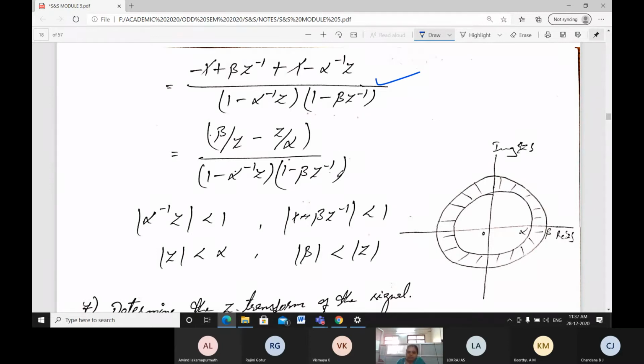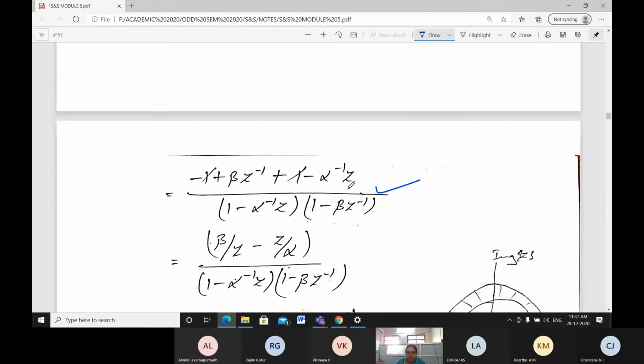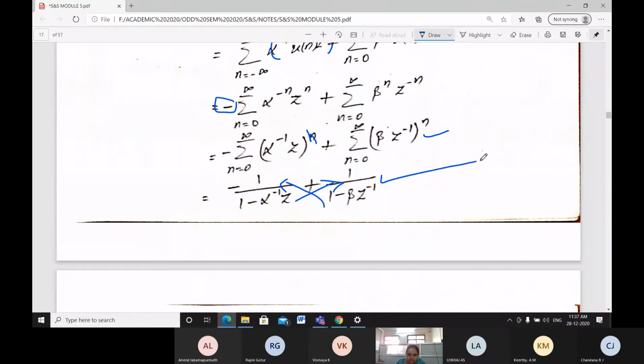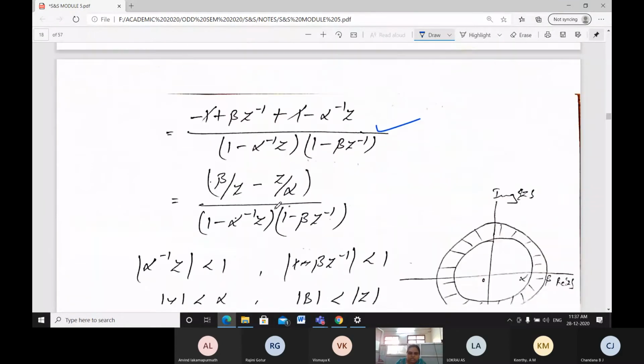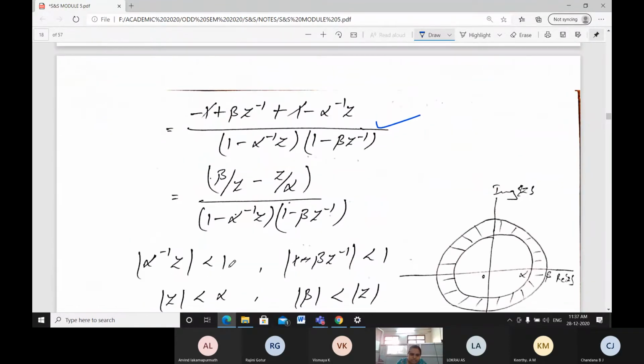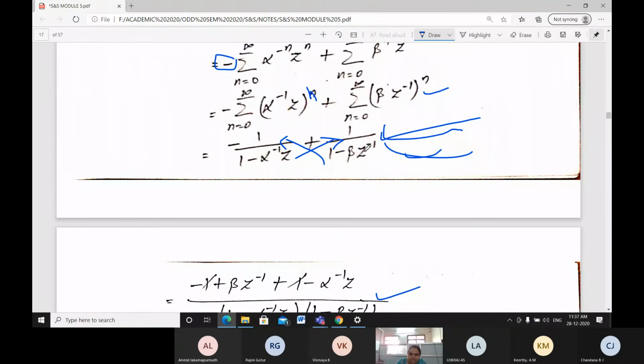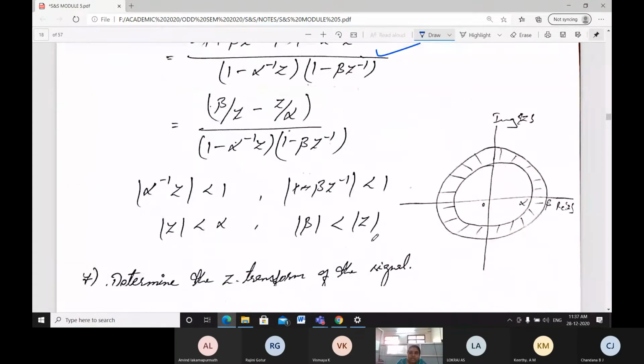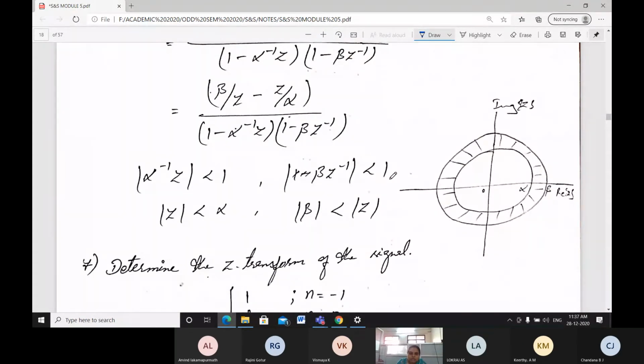Then if you are going to find the region of convergence, you just have to go with this equation. I already stressed why you have to take this equation only, right? That is alpha raised to minus 1 into z is less than 1, then beta z inverse is less than 1.